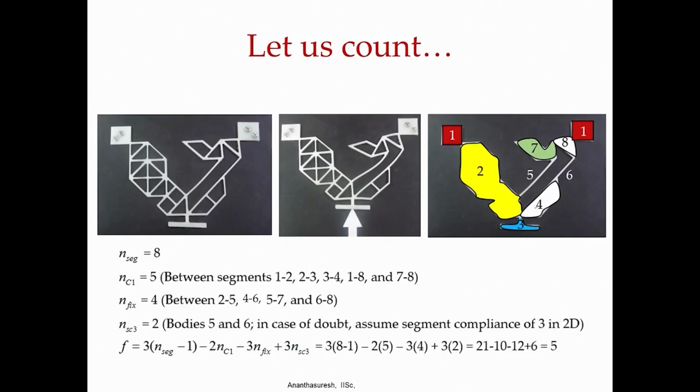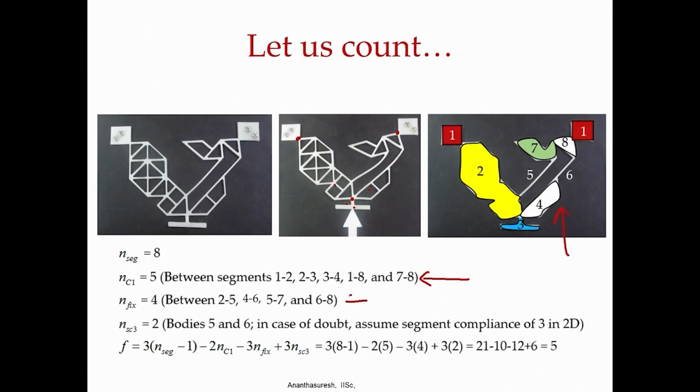1, 2, 3, 4, 5, 6, 7, 8 segments when you do the calculation, and between segments 1, 2 and 2, 3 and then 3, 4 and then 1, 8, we have flexural pairs, right. There are flexural pairs over here, and the way we have shown over here between that and this, and then over here there are 2, between this and this, this and that, as shown in this one over there.